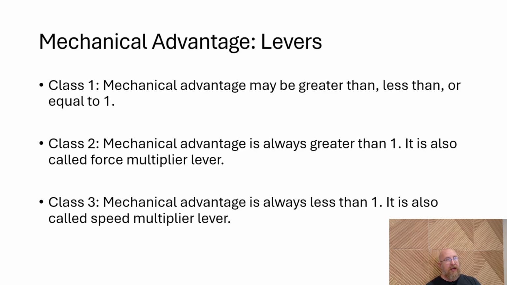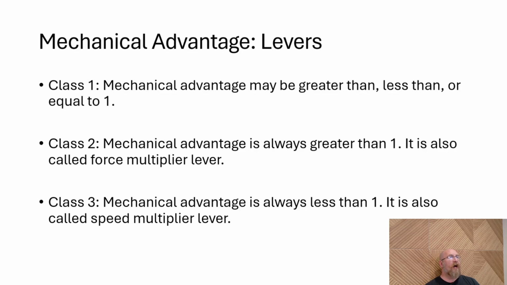So the mechanical advantage is different depending on which class it is. You can have a mechanical advantage that is greater than, less than, or equal to 1 with class 1. In class 2, the mechanical advantage is always greater than 1, so it's called a force multiplier lever.